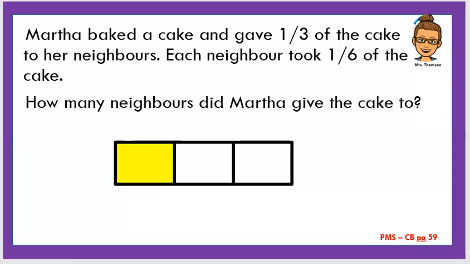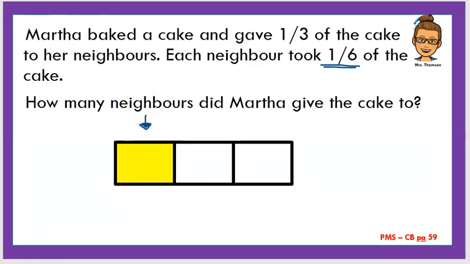So let's read what else the question says. It says each neighbor took 1/6 of the cake. Now the cake in this picture is divided into thirds, but we didn't give each neighbor 1/3. We took this 1/3 and we shared it among some neighbors so that each neighbor got 1/6 of the cake.